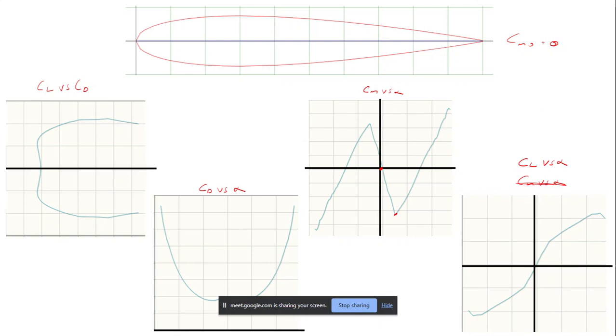What do you think would happen there? What do you think happens at those points?